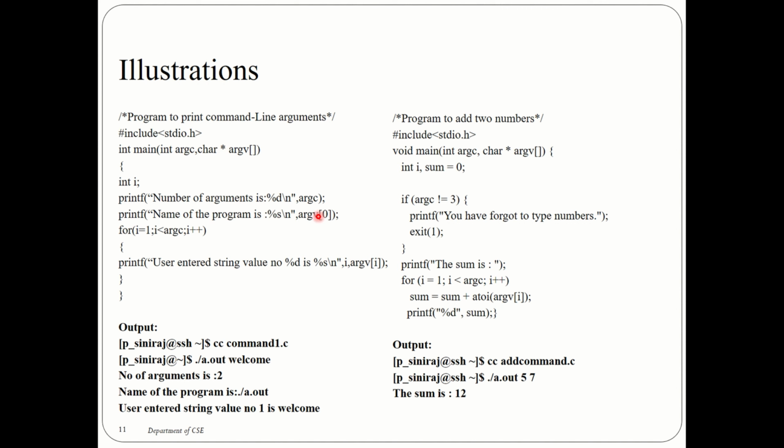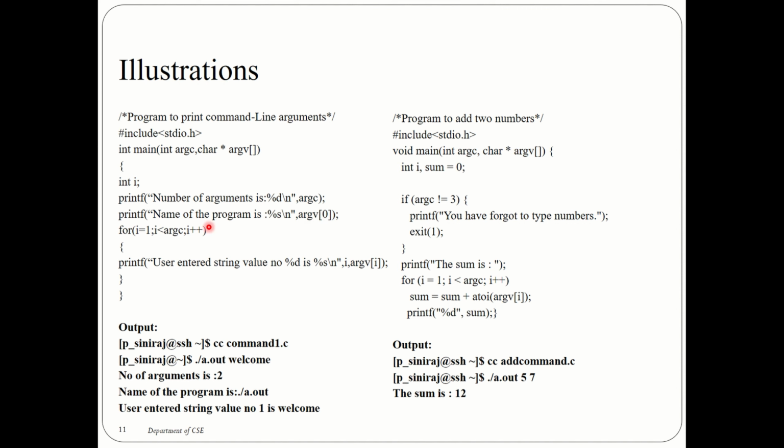That is, say, ./a.out, or if I have redirected with -o to something else, say cc sample.c -o sample, I will run it as ./sample, followed by the arguments. So whatever the file name is, that will be printed in argv[0].